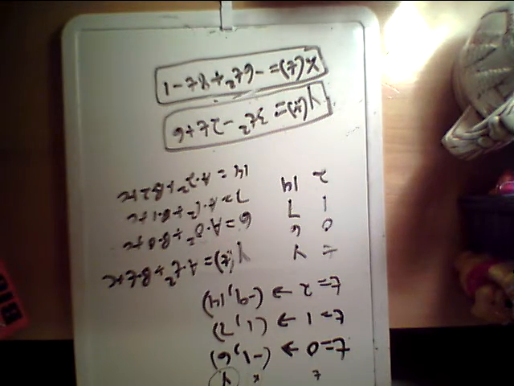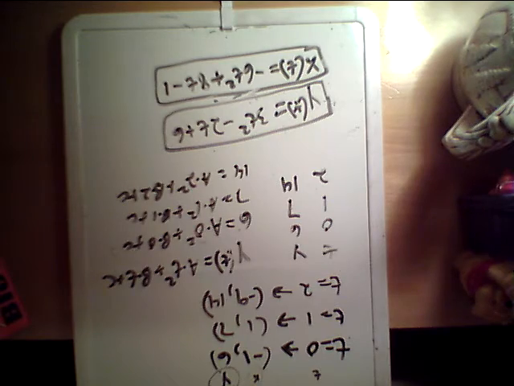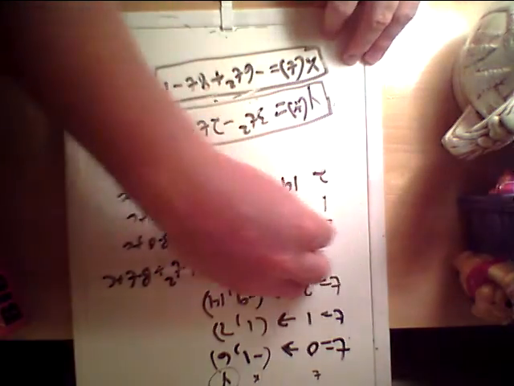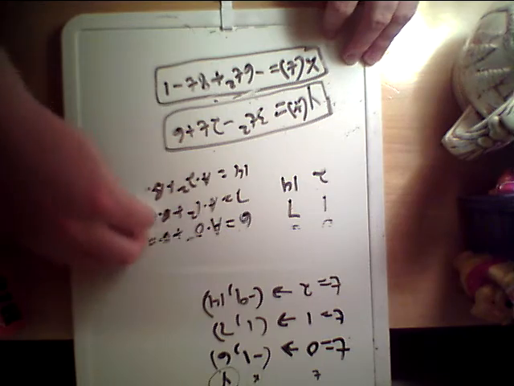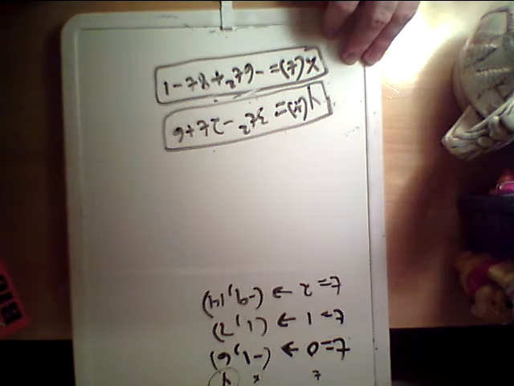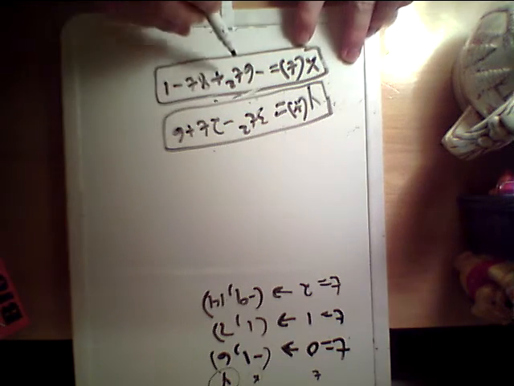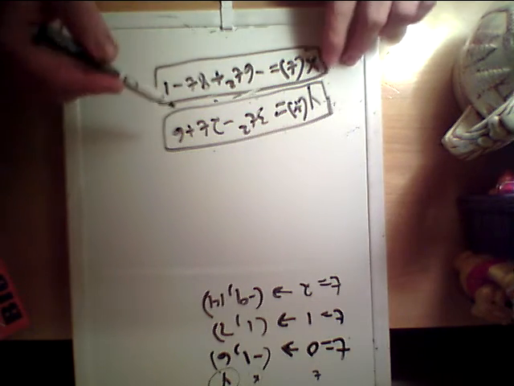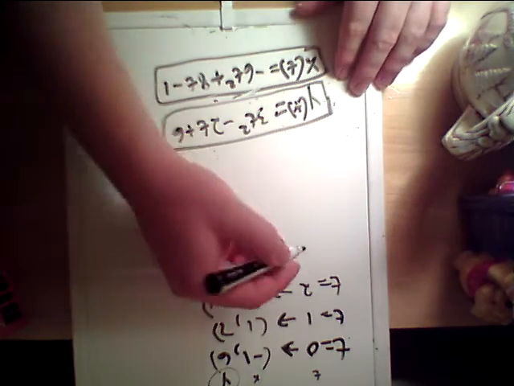And what are we asked to find? We're asked to find what happens when t equals 3. So now all we have to do is punch in 3 here to find our x coordinate and 3 here to find our y coordinate.